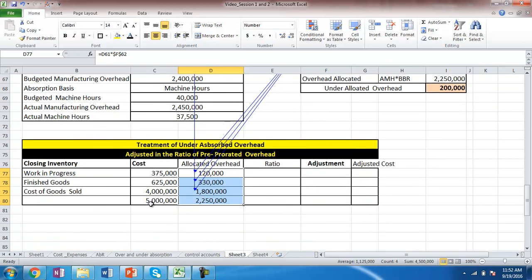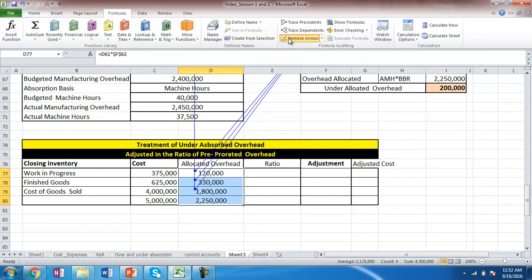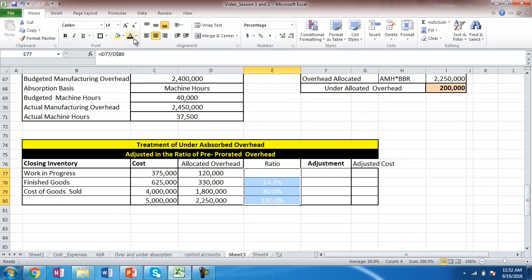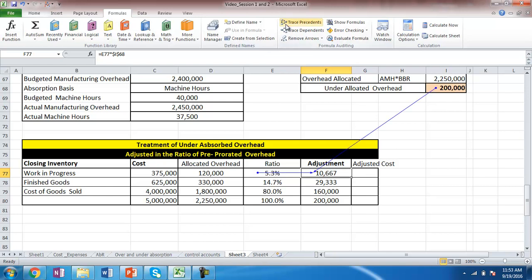So the overheads included in this are equal to 2.25 million. So the ratio of these pre-prorated overheads is 5.3%, 14.7% and 80% respectively. And if we adjust this 200,000, then we will get the amount charged to each component: work in progress, finished goods, and the cost of goods sold.